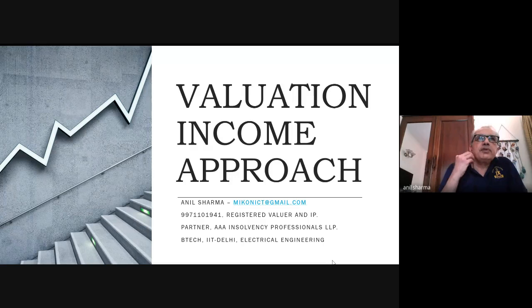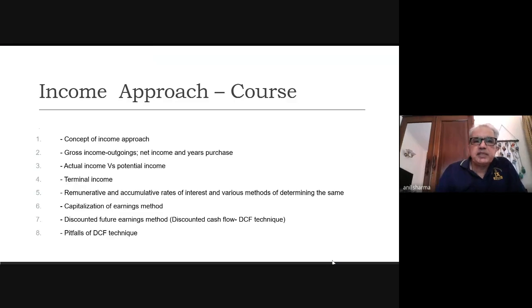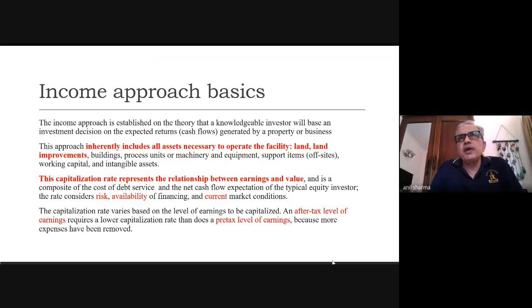To give you a very simple example, if you have a property which is given on rent, then the rent that is going to accrue to you over the life of the property is actually the valuation of the property, right? It's a no-brainer. The basics of the income approach are established on the theory that the knowledgeable investor will base the investment decision on the expected returns or the cash flows generated by the property or business.